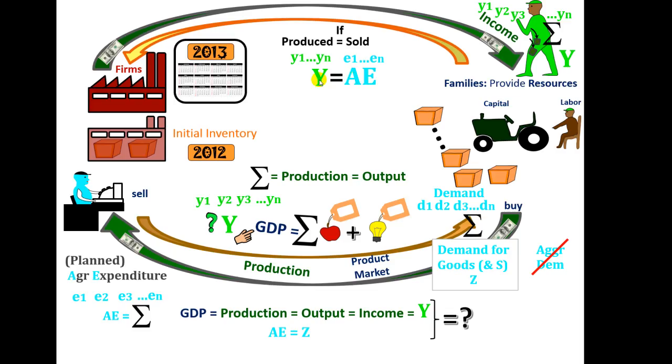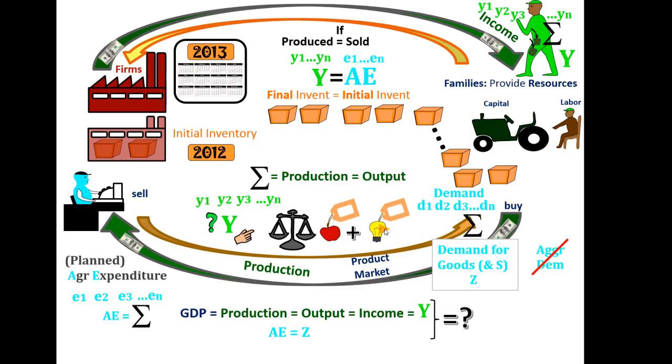Then Y is equal to aggregate expenditure, and we can see that in this case the final inventory, which is 2 boxes, is exactly the same as the initial inventory, which was also 2 boxes, the initial inventory that we produced the previous year. So we ended up with 2 boxes and we started with 2 boxes. If this is the case, we say that the goods and services market is in equilibrium.